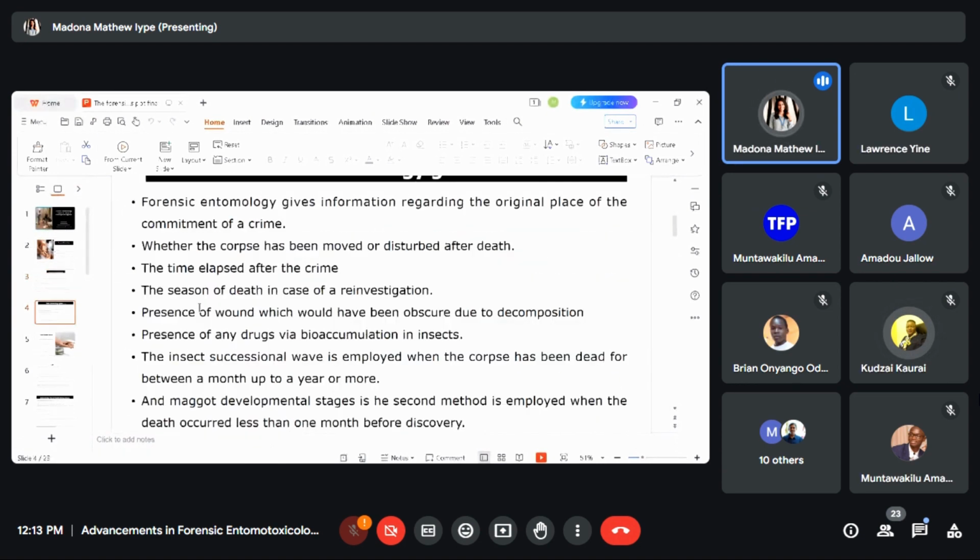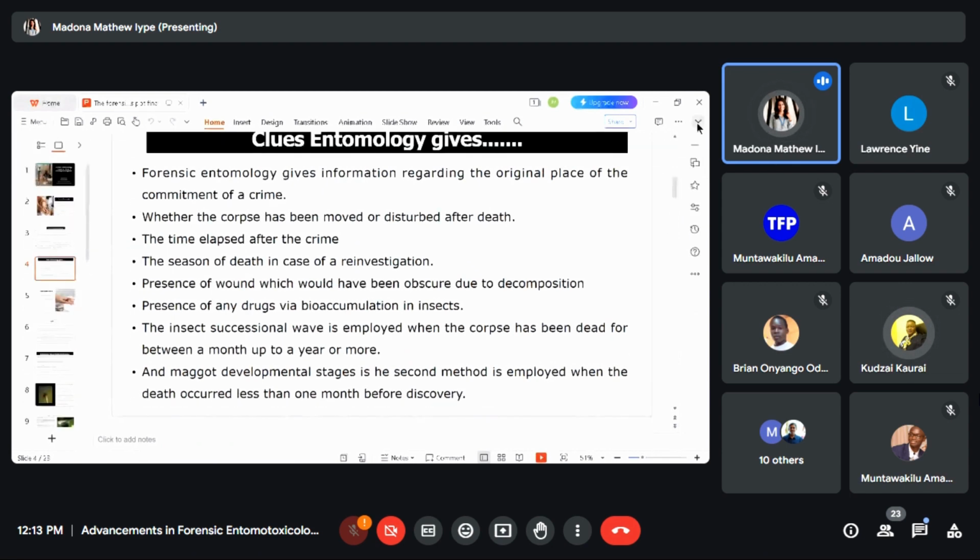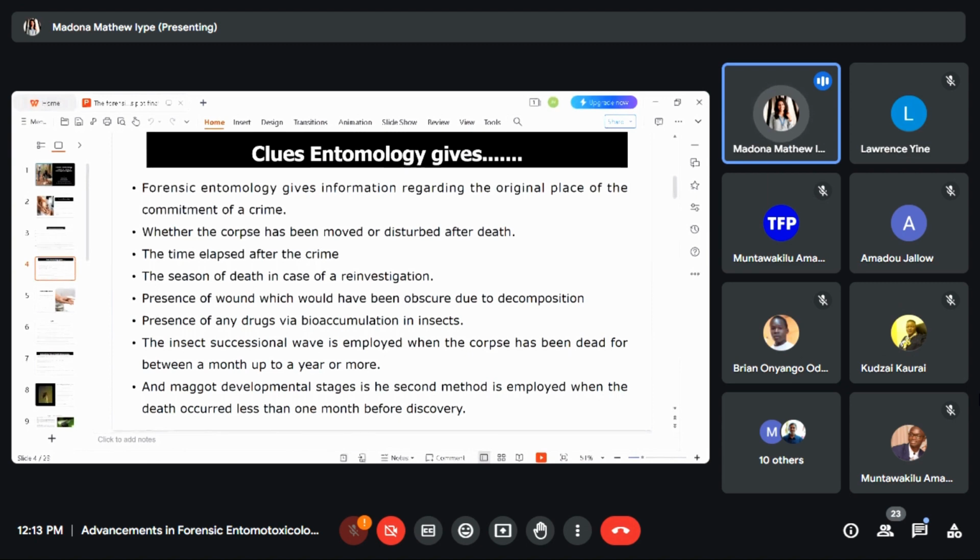So we have discussed the introduction to forensic entomotoxicology. Okay, so the other details that entomology gives are regarding the presence of wounds, because all the fauna, all the insects that arrive at the crime scene, or basically the corpse, will first try to find out whether there are natural openings.